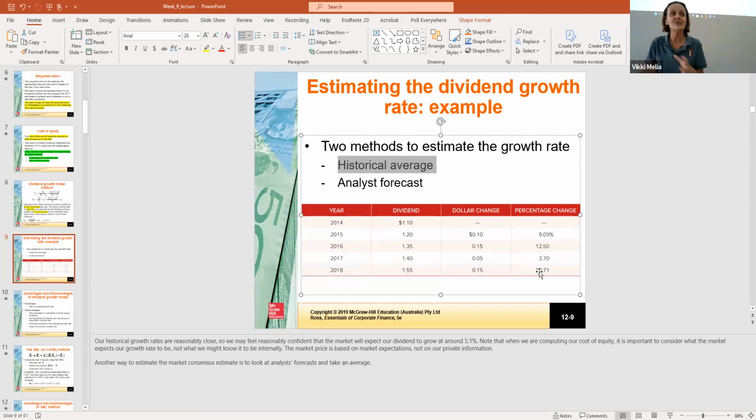But if you were trying to do this in practice, you either need to estimate G from historical data, or you might be able to find a forecast growth rate that's been published by an analyst. And I can tell you now, when I worked at Macquarie Bank, we didn't give away all our inputs and our secret information that we had in our spreadsheets.